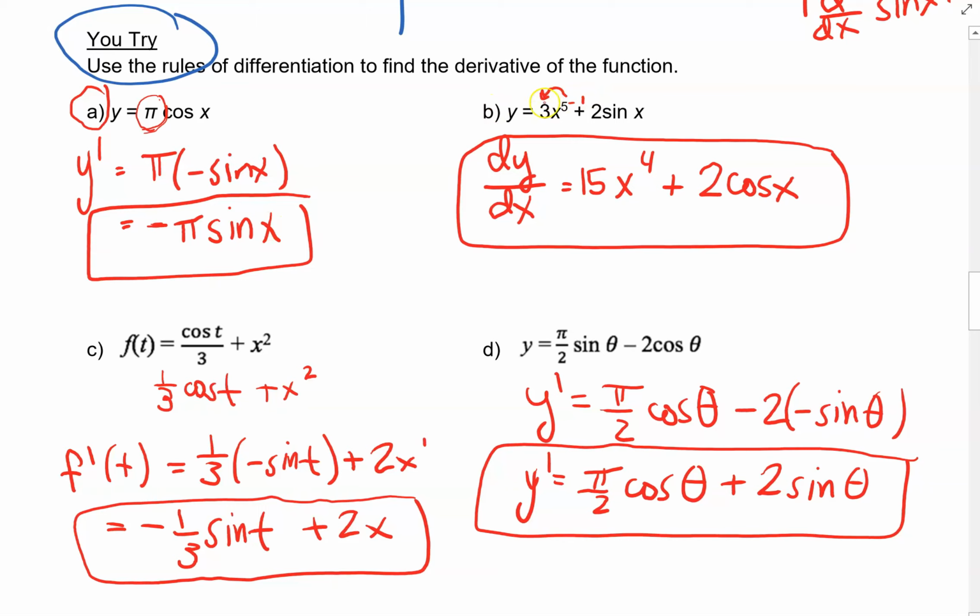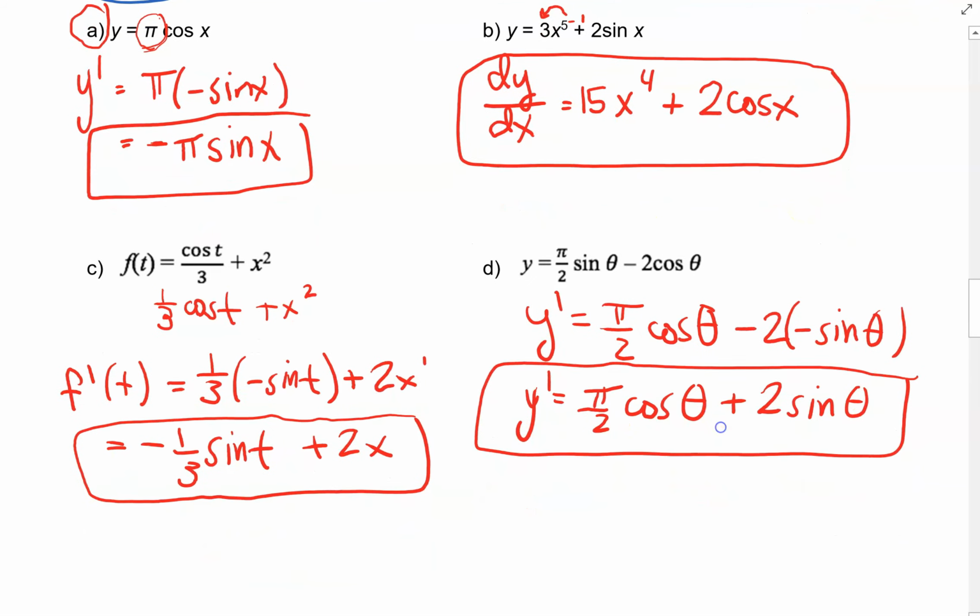So you bring the 5 down, multiply it to the 3 to get 15, and then subtract 1 from the power to get 4. So 15x to the 4th, and then plus 2 times the derivative of sine, which is cosine. So that derivative was, and I called it dy dx just to kind of show you the different notations again, right? dy dx and y prime are synonyms. And so it's 15x to the 4th plus 2 cosine x.